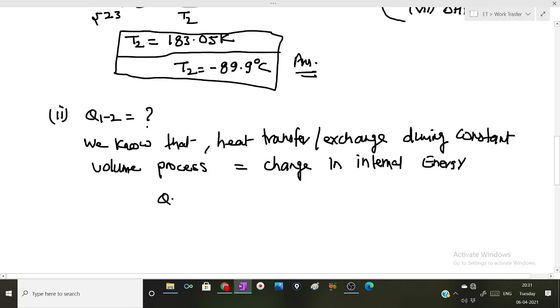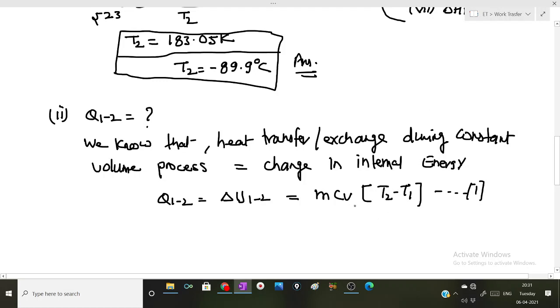Mathematically, Q122 is equal to delta U122, and this will be equal to m Cv (T2 minus T1). So if I know the values of m, Cv, T2 and T1, I can easily calculate Q122. Let's say this is equation number 1.